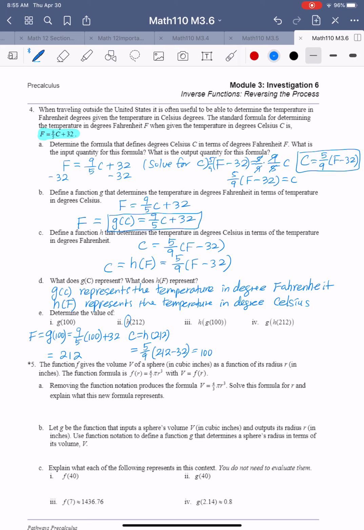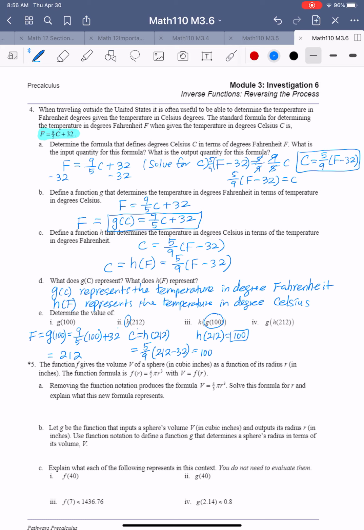Now we want to talk about the composite functions. So in 3, we use the inside function, g of 100. We already have g of 100 here, which equals 212. So you just need h of 212, but we already had it in 2, right? h of 212 is the same as 100.